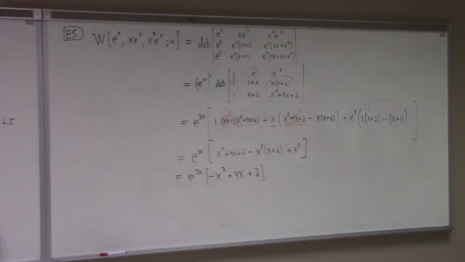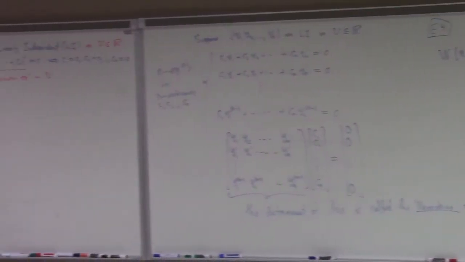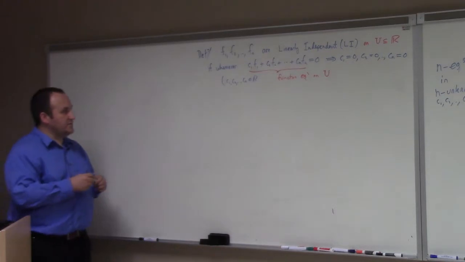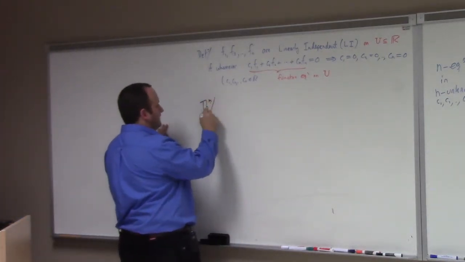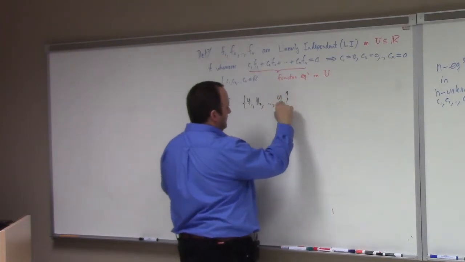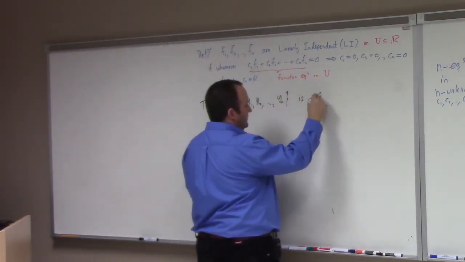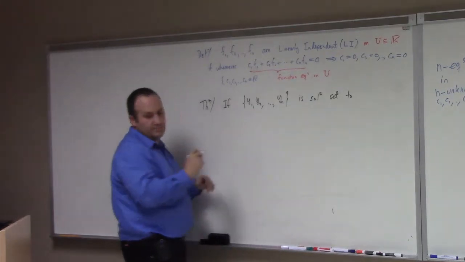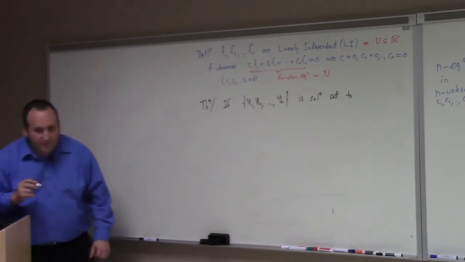So, theorem. Let's see here. The Wronskian of a solution set, if y1, y2, dot dot dot, yn is a solution set to, well, an nth order linear ODE.